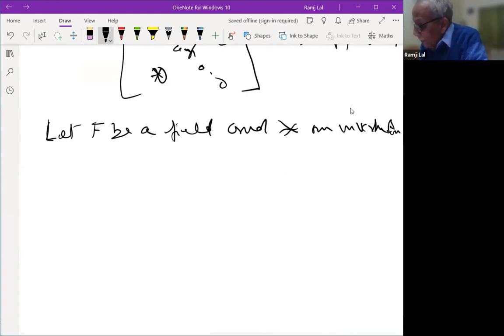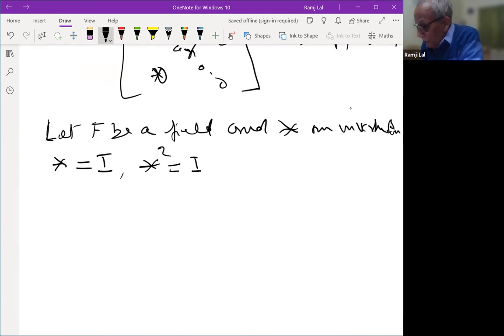So for us, star is an automorphism of order 2. But even if star is identity, then also I'll call it an involution. This case also I'm including. And such an involution will be termed a trivial one. And if star is of order 2, then we shall call it a non-trivial one.